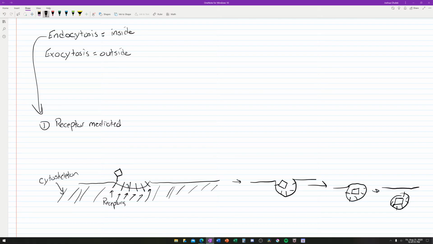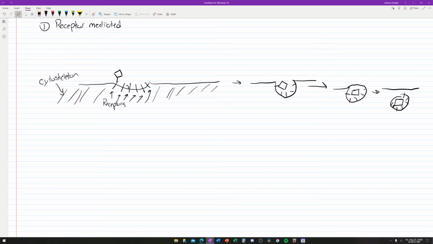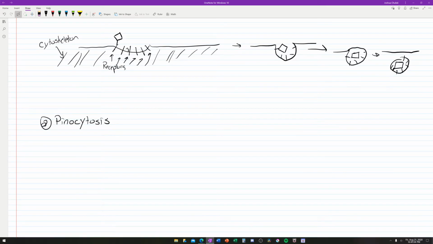The number two example is pinocytosis. Basically, vesicles form and they pull in water or small molecules. I like to think of it as cellular drinking. Not like going to the bar, but like consuming water.